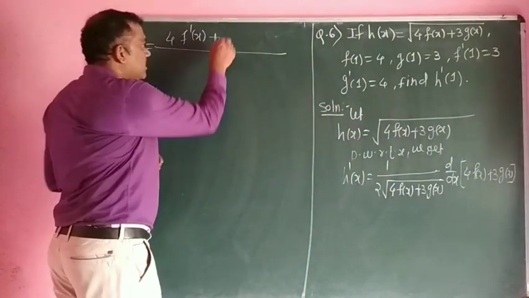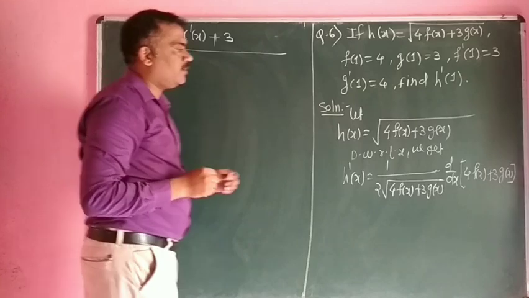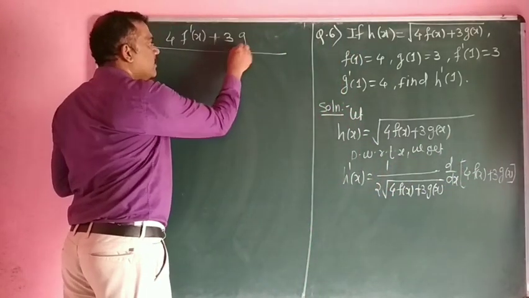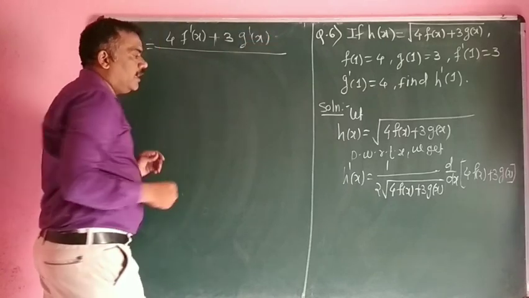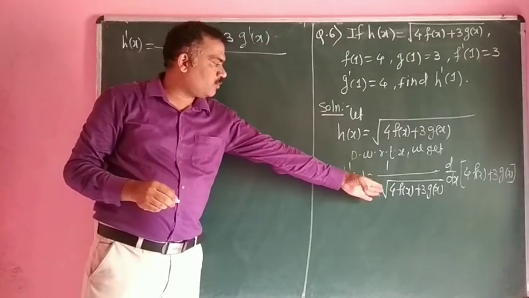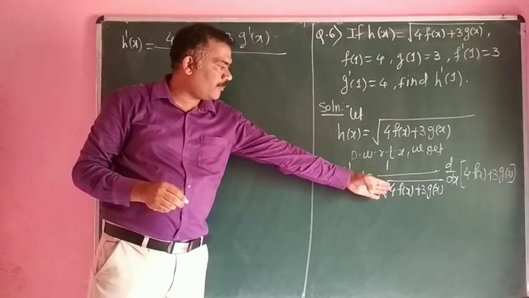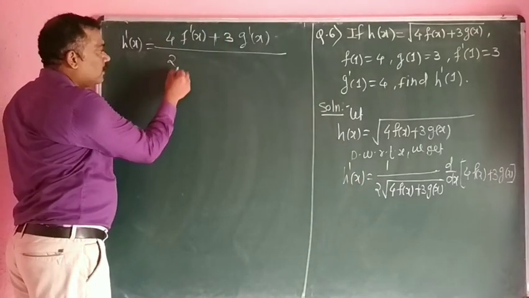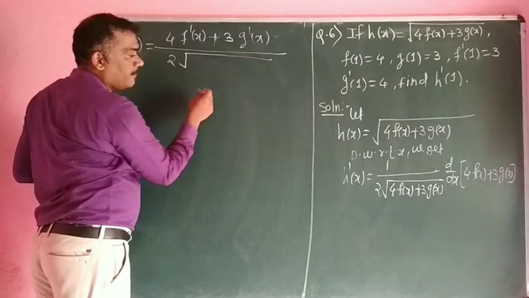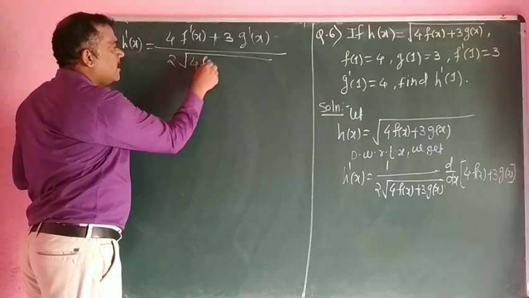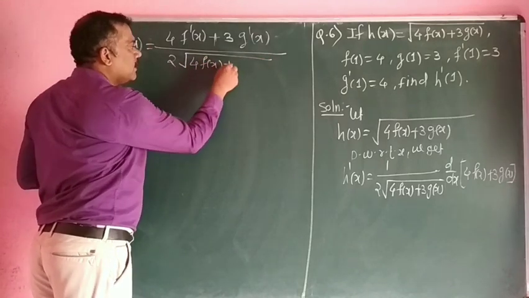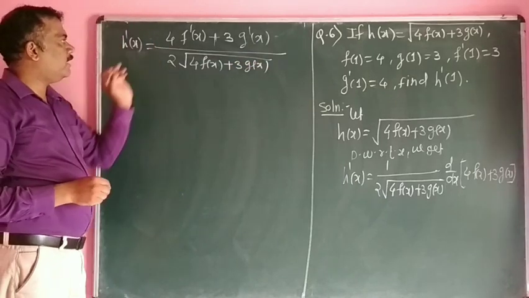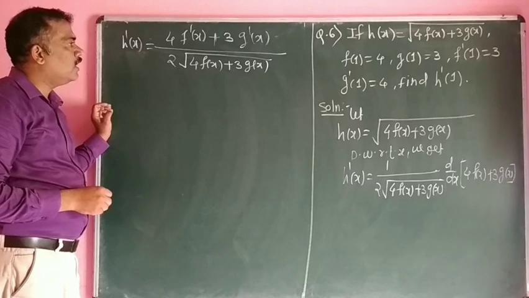The derivative of g of x with respect to x is g dash of x, into 1 by 2 times root of 4 times f of x plus 3 times g of x. This can be written as divided by 2 times under square root of 4 times f of x plus 3 times g of x. 4 divided by 2, here remaining only 2.